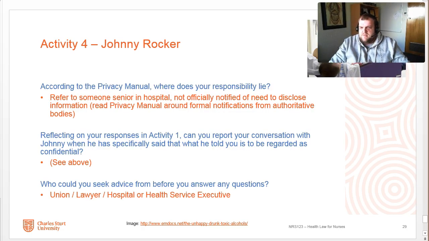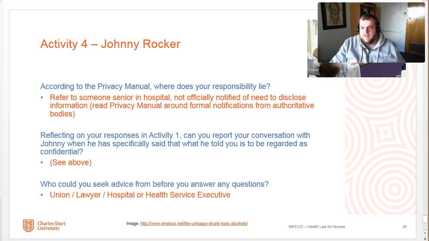So the Privacy Manual talks about referring to someone senior in the hospital. You haven't officially been notified of the need to disclose information, so Privacy Manual gets into specifics around that the police can't just say, I want to know this information. They have to provide a warrant to you.